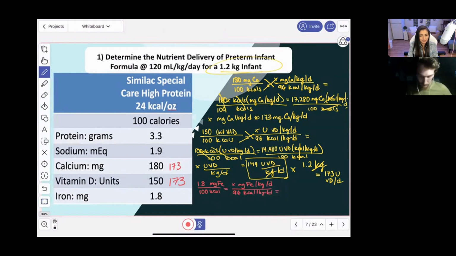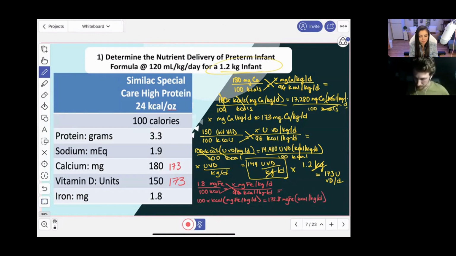Okay, so we are going to cross multiply here, and we're going to get 100x kcals, I forgot the x, times milligrams of iron per kilogram per day equals 96 times 1.8, which is 172.8 milligrams of iron times kcal per kilogram per day.